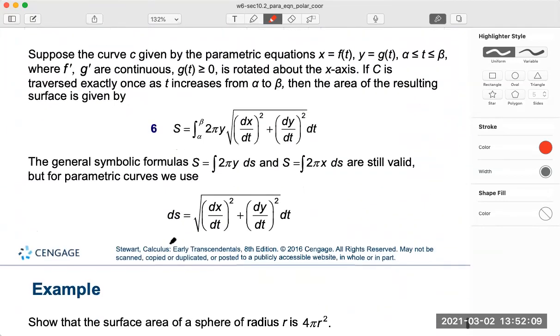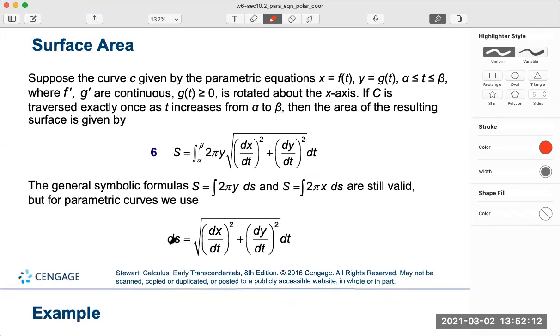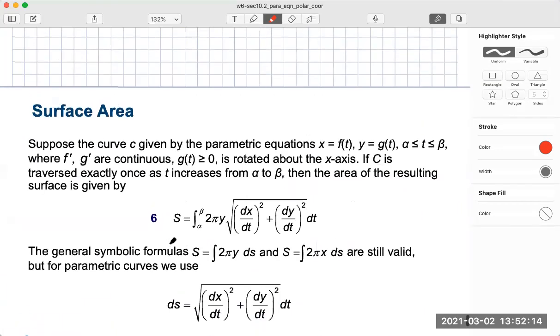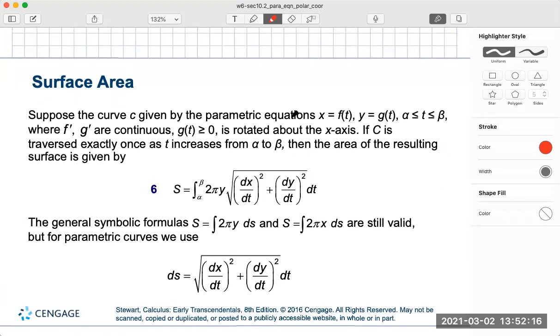Now let us move on to another idea, the surface area. Suppose, look at this. The parametric equations are given by x is equal to f of t and y is equal to g of t, t is from alpha to beta.